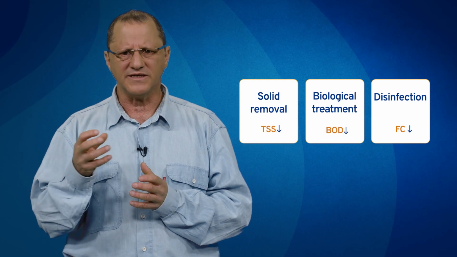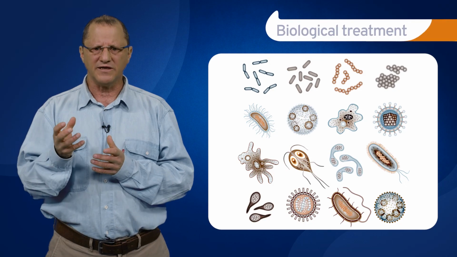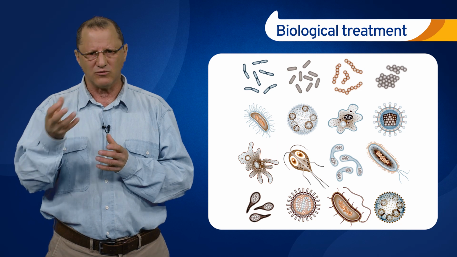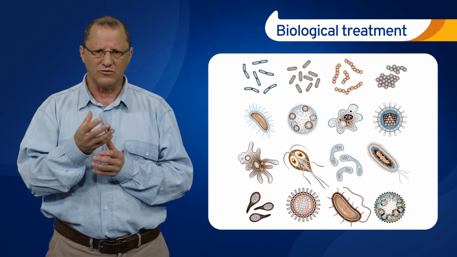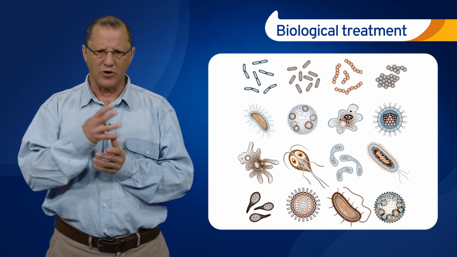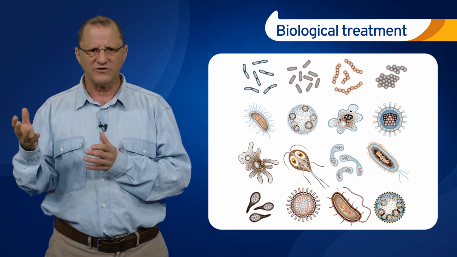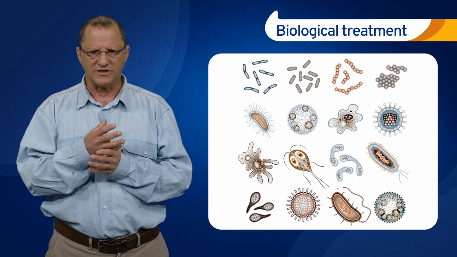Let's move on and discuss the basic biological treatment principles. The supernatant that now contains the smaller suspended and dissolved organic matter is mineralized or decomposes biologically by microorganisms, aerobically, meaning in the presence of oxygen, and or anaerobically, in the absence of oxygen.